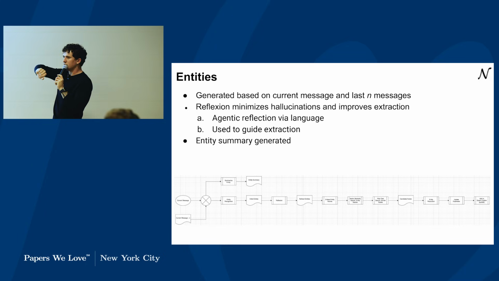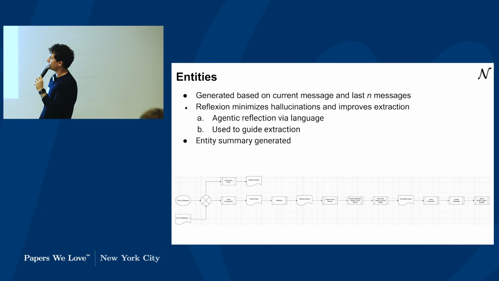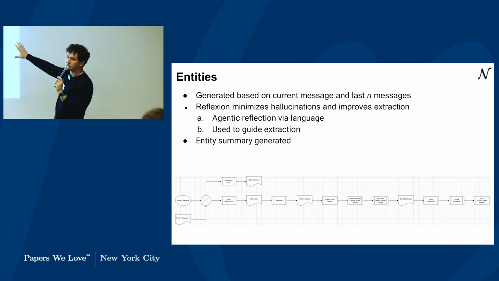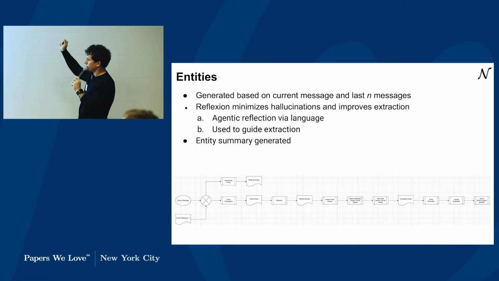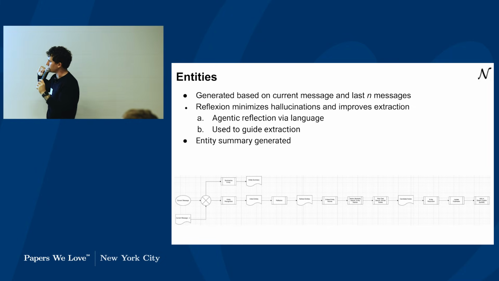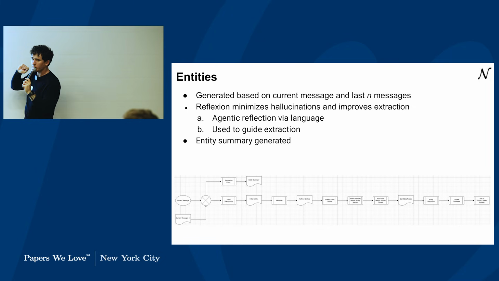I think these slides get posted somewhere afterwards, so if you want to dig deeper, either come ask me or jump into the slides and we can talk about it. Okay, cool. So here we generate entities again with an LLM. The idea is that we don't generate duplicates, we don't generate anything we shouldn't, and the process you can see down here at the bottom is what helps us do that. Any questions?